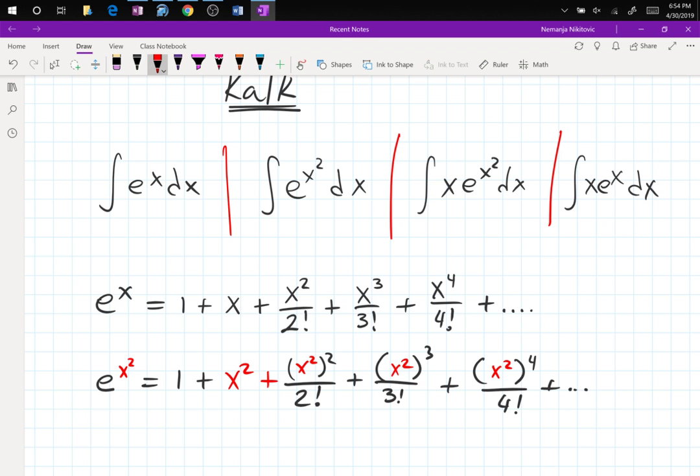If it was e to the flower, each one of these would be a flower. Whatever the exponent is turns into these guys.